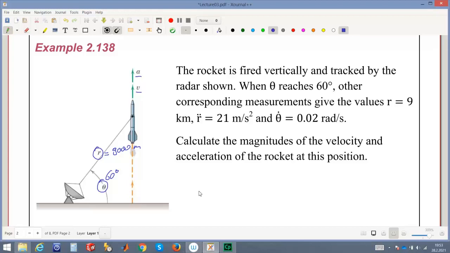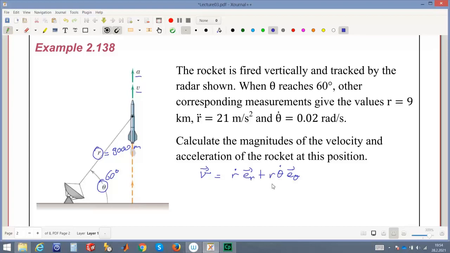Okay, now let's remember the velocity equation in terms of the r theta coordinates. We had this velocity vector to be equal to r dot e_r direction plus r theta dot e_theta. Now, what do we know about these? We don't know r dot. What we know is r and theta dot.